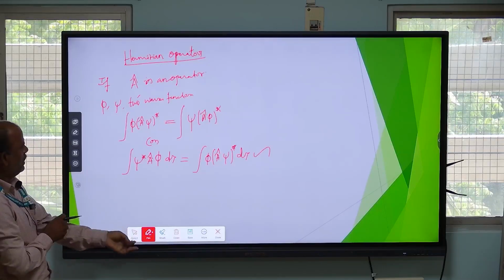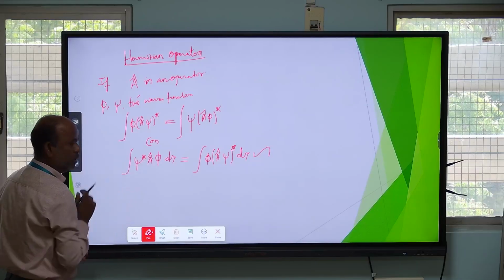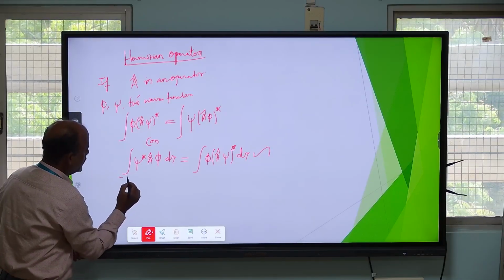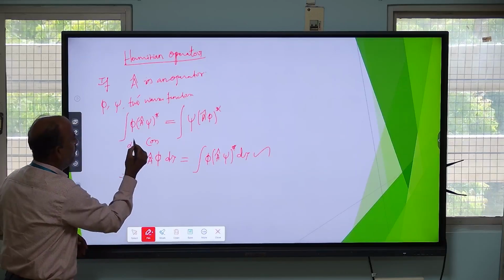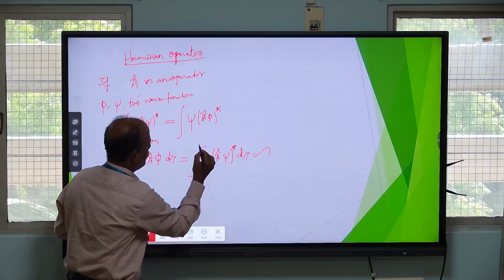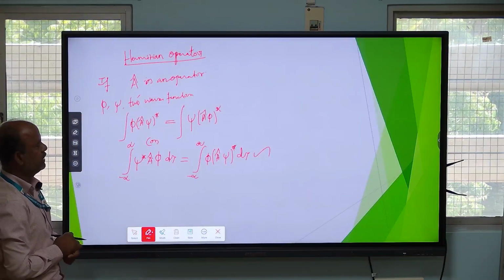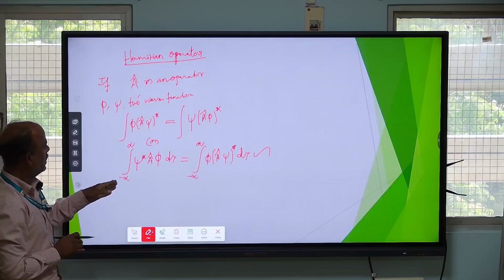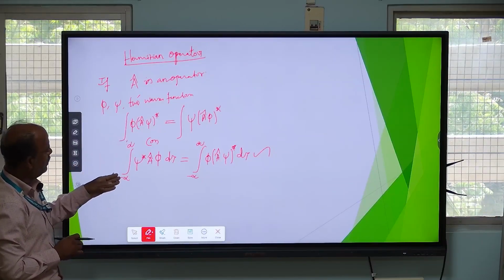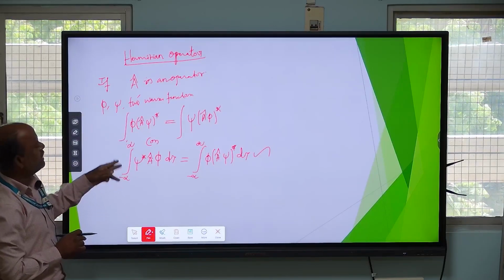Another important thing we have to remember: when you integrate using the operator, we have to use the limits minus infinity to plus infinity, or we may call it integration over a symmetric interval.